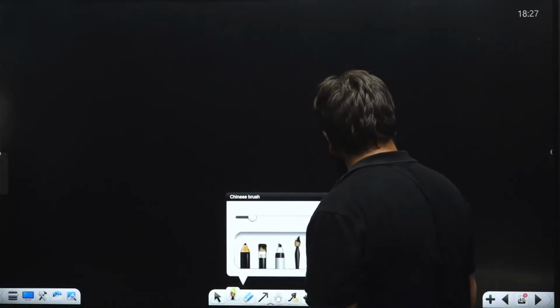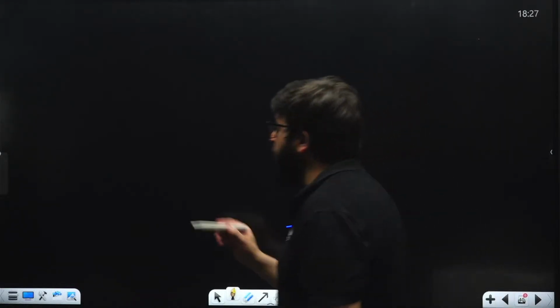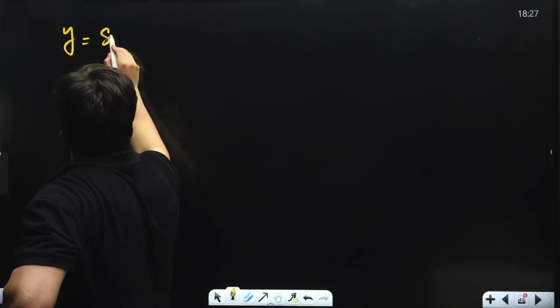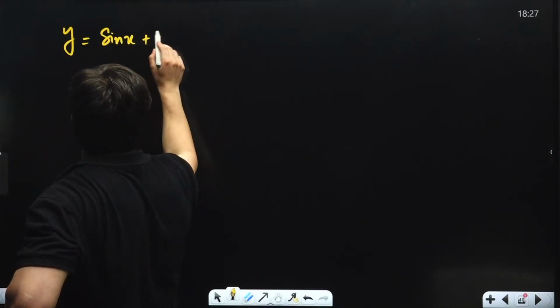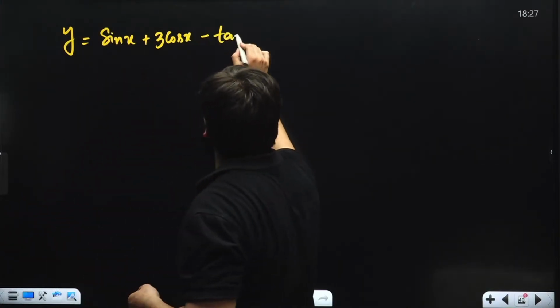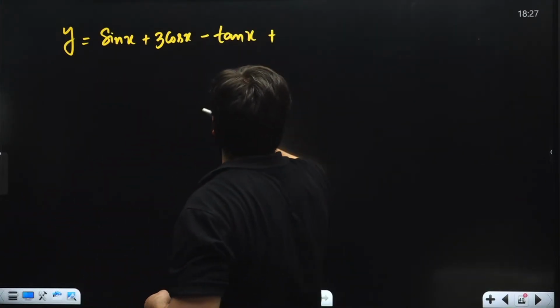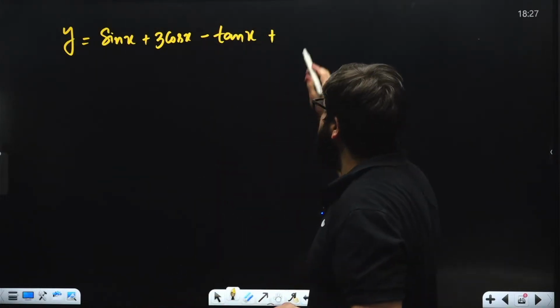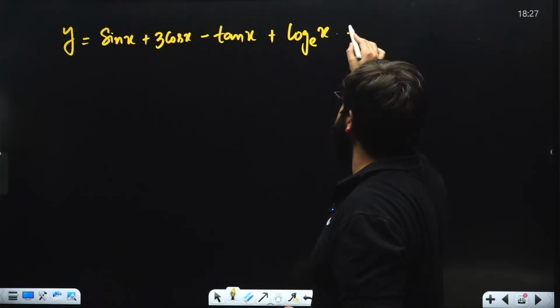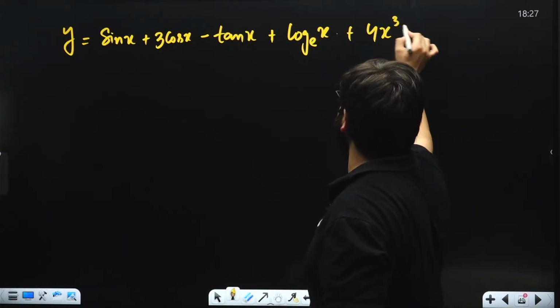Next, let's suppose we say y is equal to sin of x plus 3 cos of x minus tan of x plus log to the base e x plus 4x cube.